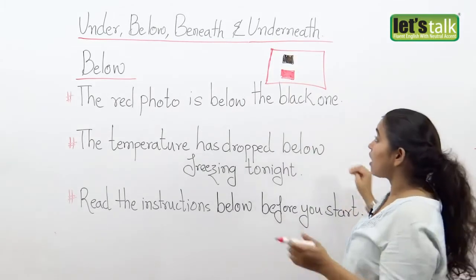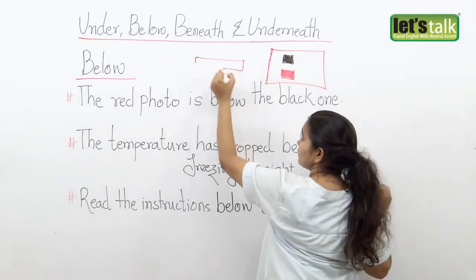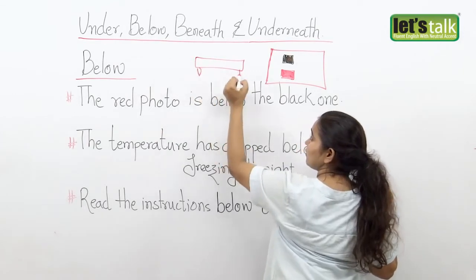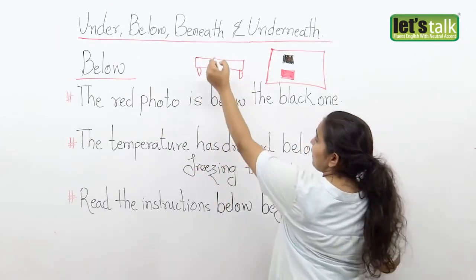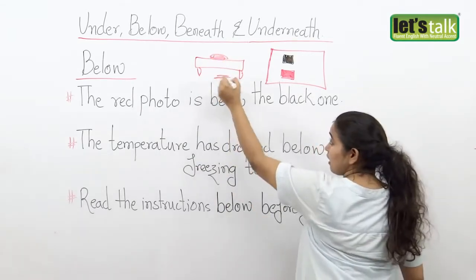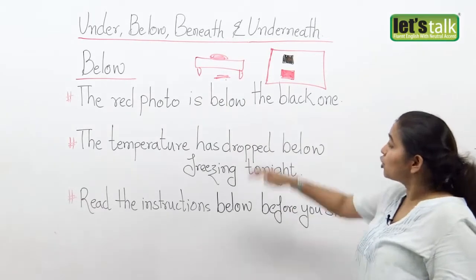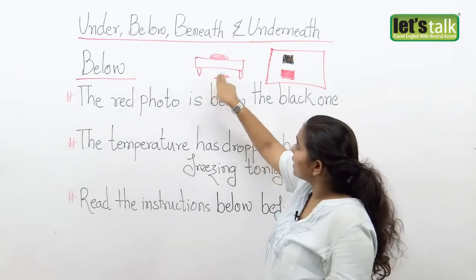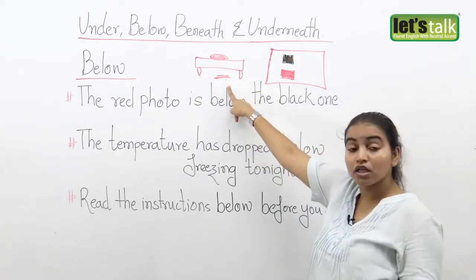But suppose I have a table here and the black photo is somewhere here, but the red photo is lying somewhere here. Could I say the red photo is below the black one?